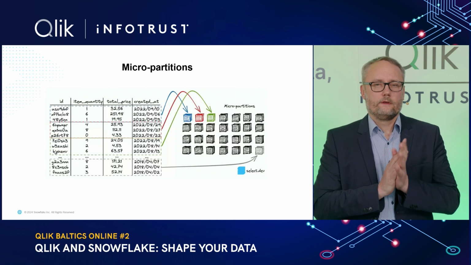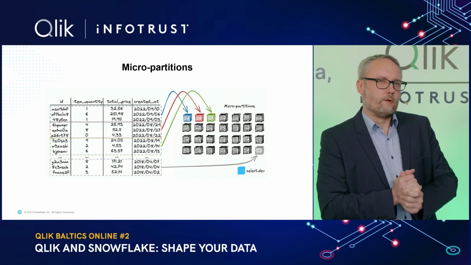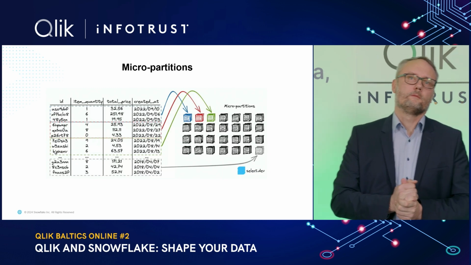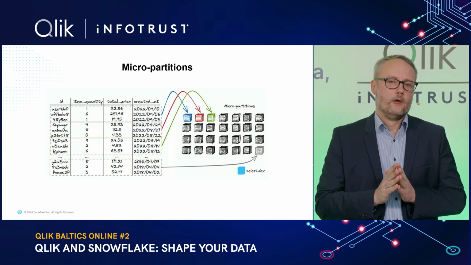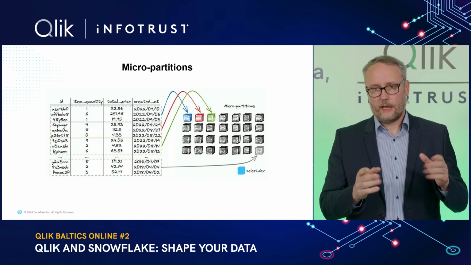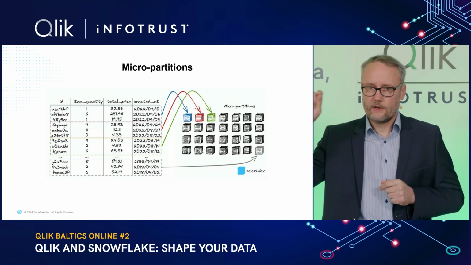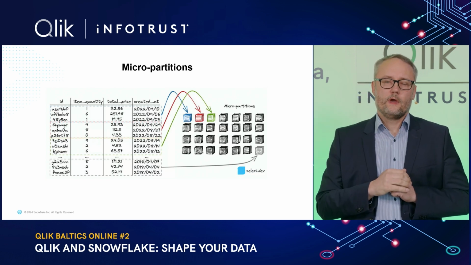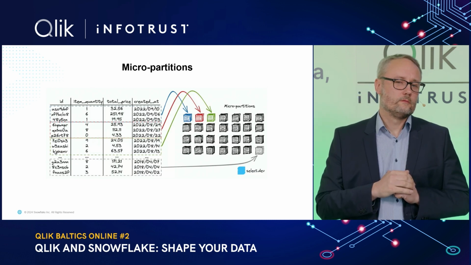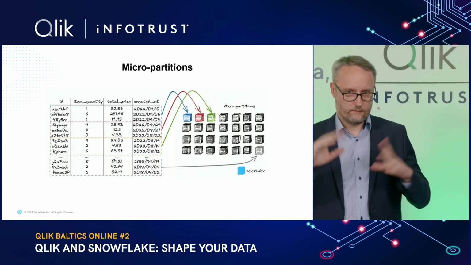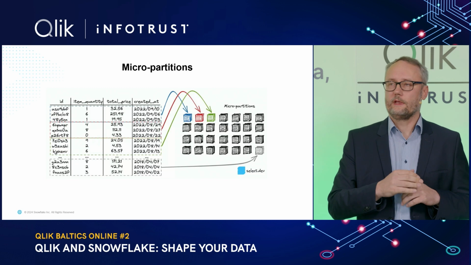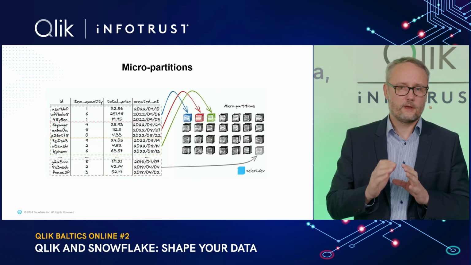Micro-partitions are a very important difference from other tools in how they store the data. This is one table, and it is stored in different micro-partitions. Those micro-partitions are from 50 megabytes to sometimes, if there are 10 terabytes of data, up to 500 megabytes.